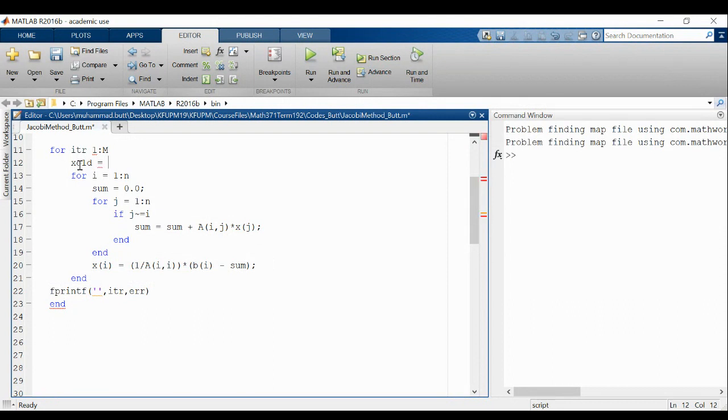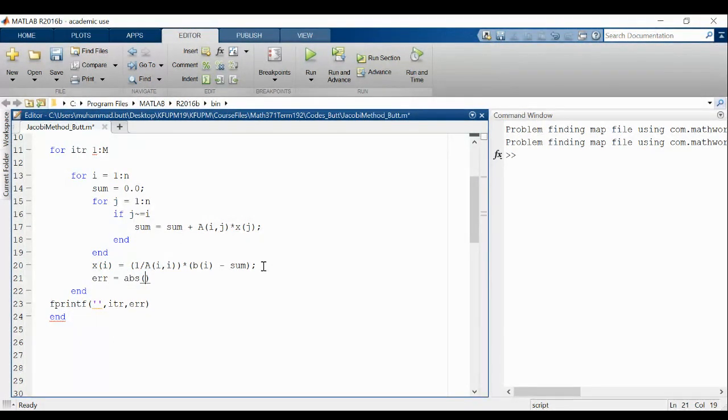X old is over here, or where, I will check, but this is the idea. And now we also want this error. So what is the error?